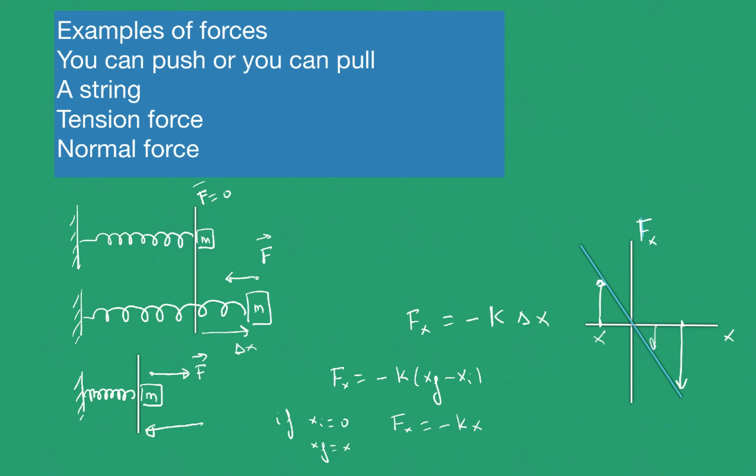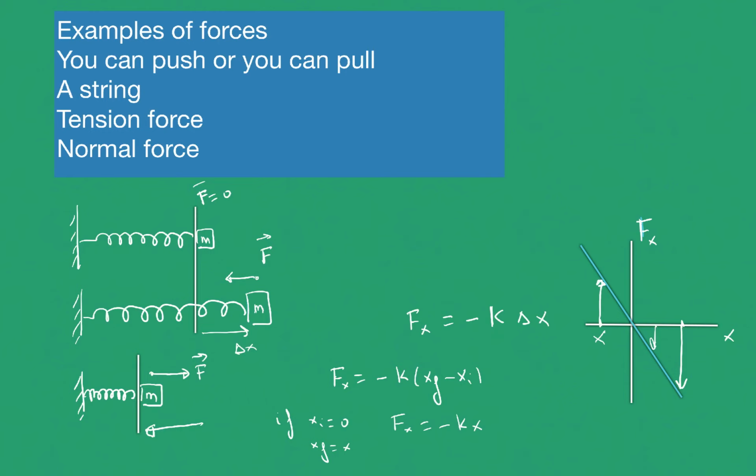As you see, when the object is here, the force is going to the left. When the object is here, the acceleration is being produced to the right. So the force is to the right. This kind of system will produce a harmonic motion, and the object will oscillate around its equilibrium position.